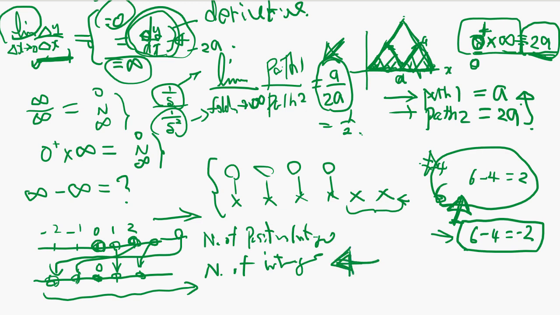You can do the correspondence forever, right? And that's why the number of positive integers is infinite, the number of integers is infinite, and this infinite minus infinite, what is it? In this case we can say 0.